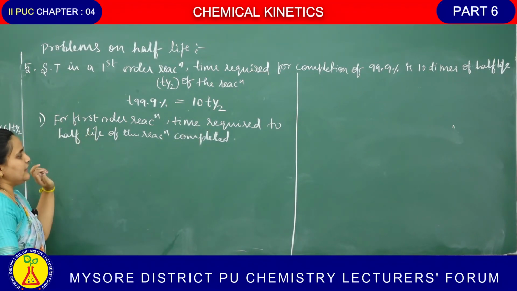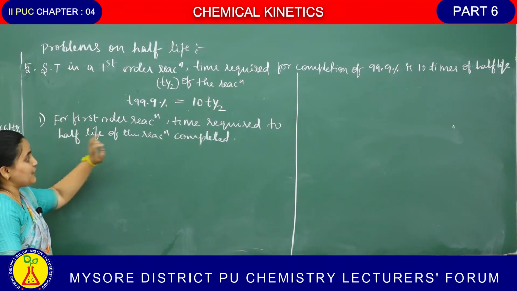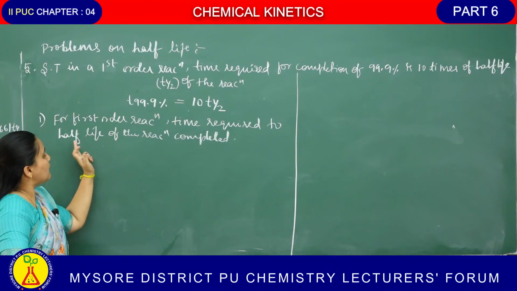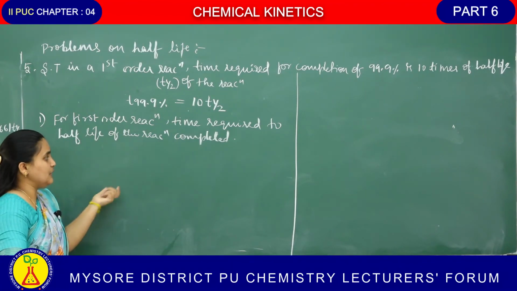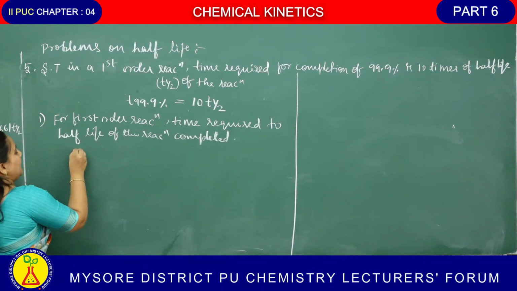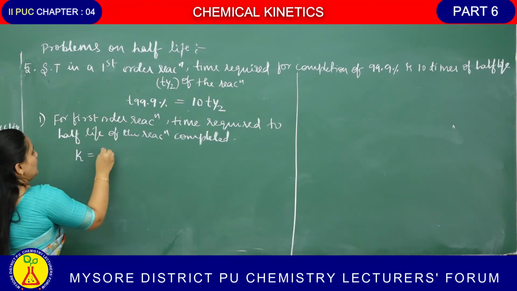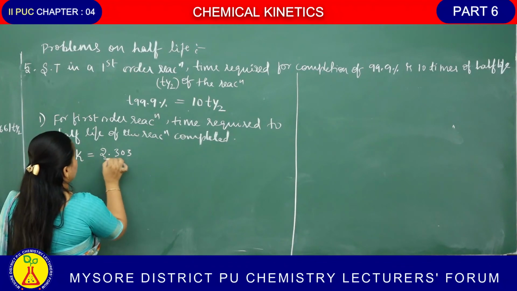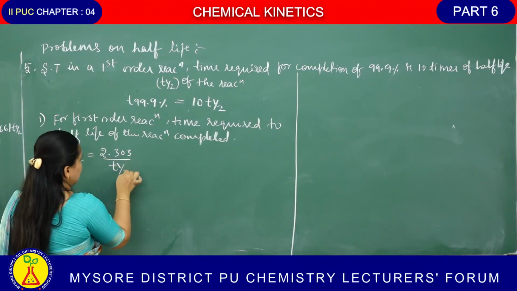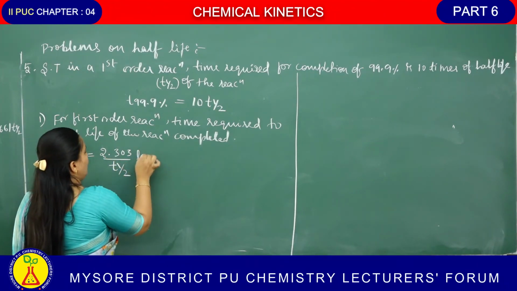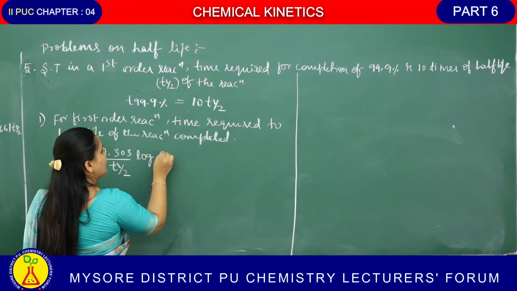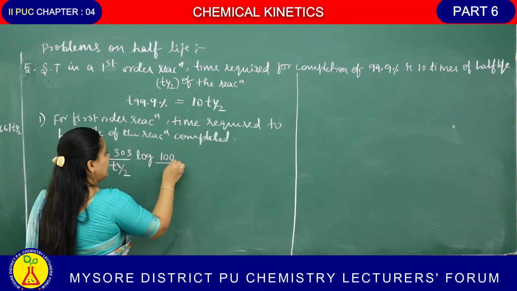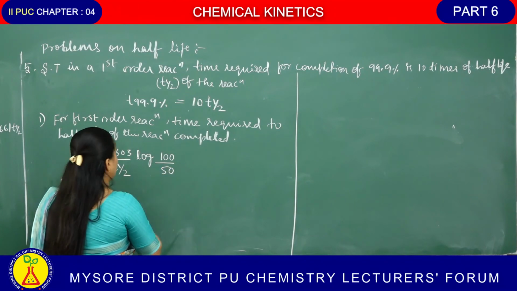For a first order reaction, first we have to solve for the half-life. For a first order reaction, time required for the half-life of the reaction to be completed is, K is equal to 2.303 divided by t half log R naught. Initially it was 100, half of it means it is 50%.